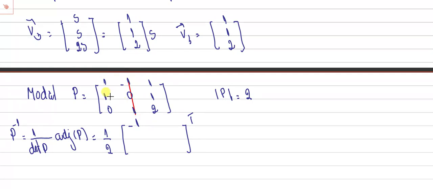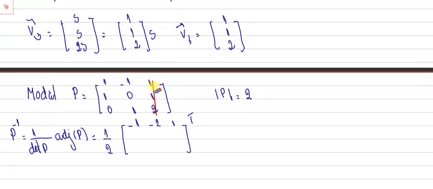We omit this one and this one. Minus is 2. So it's minus 2. And the next, I omit this one. Plus and 1, have only 1. So I just write number 1.